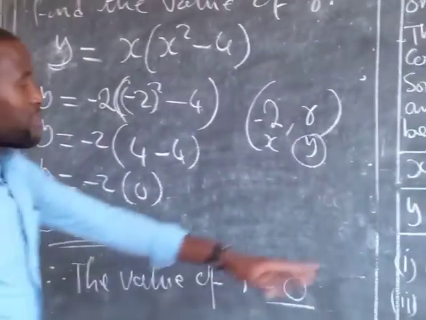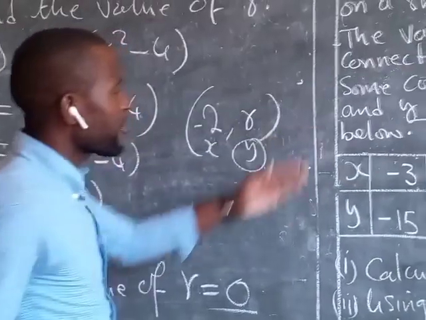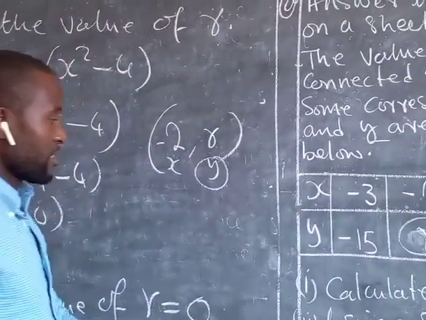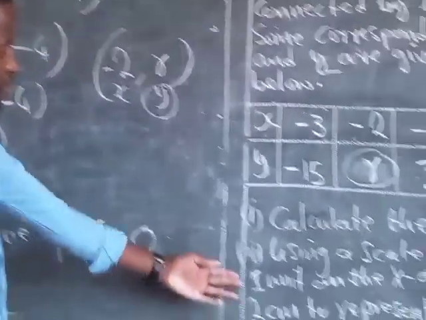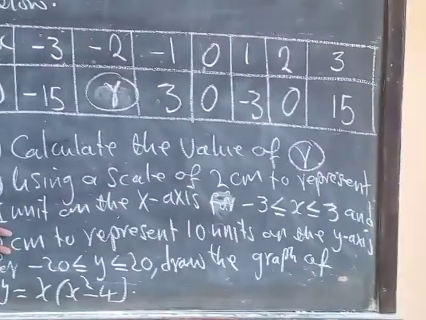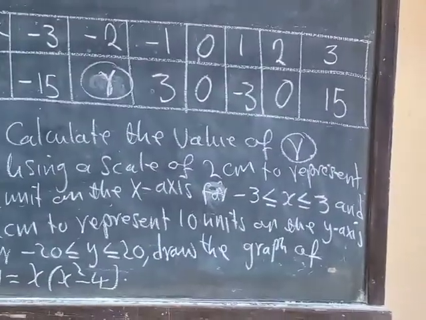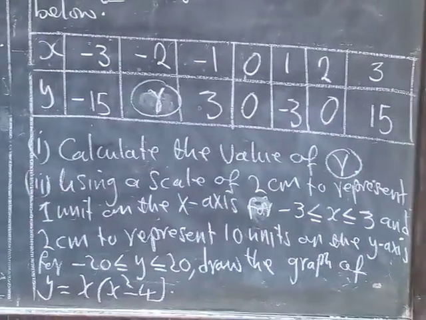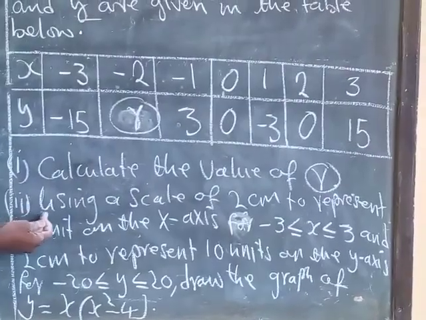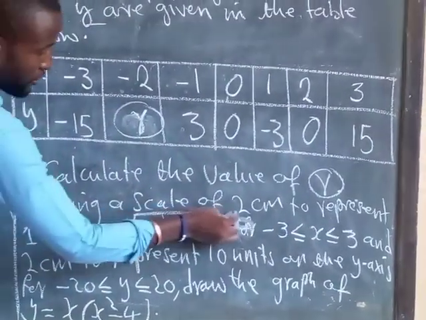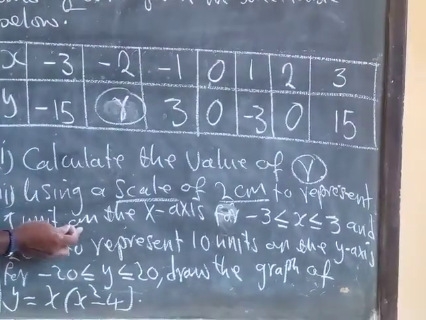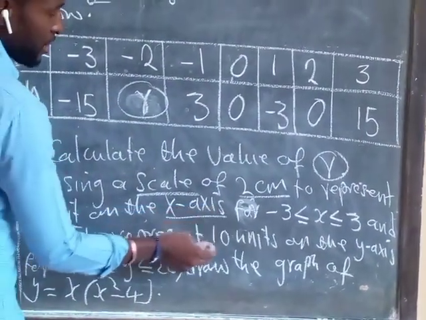So when the value of r is equal to 0, I can plot my graph with less difficulties. How do I plot the graph? Here's a sketch, as we did in linear programming. Number 2, using a scale of 2 cm to represent 1 unit on the x-axis.